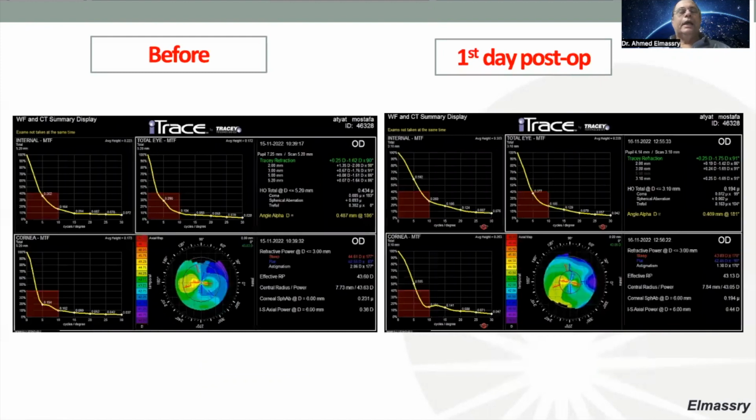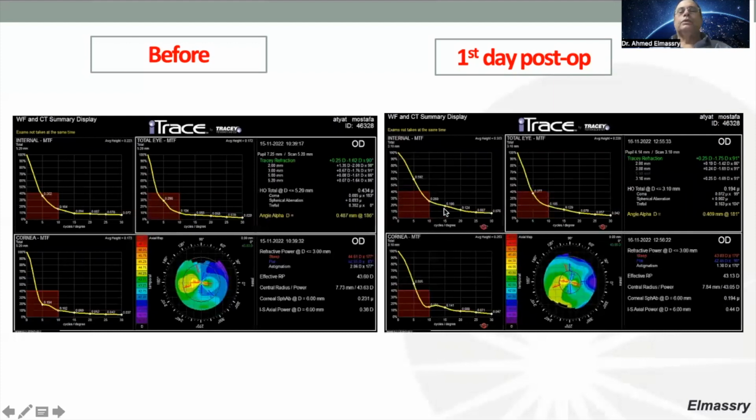And again, this map is very important because it shows the MTF, or the modulation transfer function. To simplify this map, if this yellow line passes inside the red box, this means that the MTF, or the quality of vision, is bad. But if it is like you see here, the total high order aberration modulation transfer function, showing that the yellow color is in the middle of the red box.